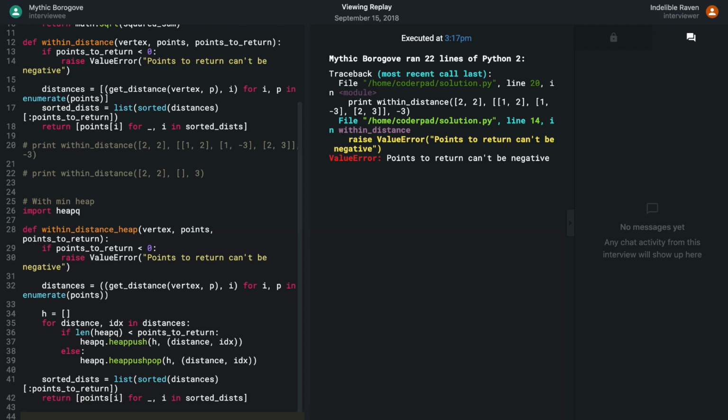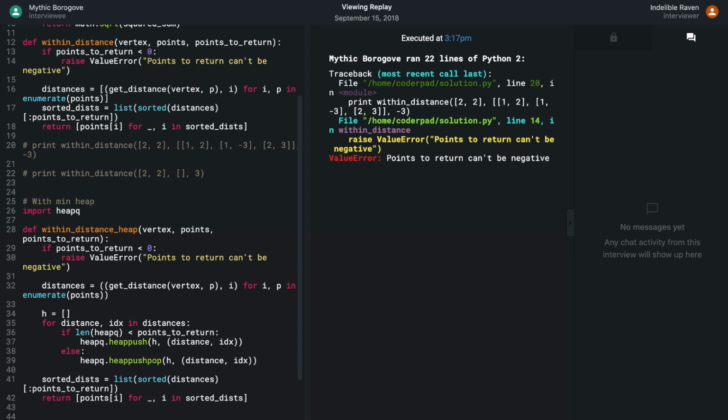Yeah, I mean that would be one approach. Can you write out a map and reduce function just to see what it would look like? Sure. So the map function, given the vertex and some points, would compute the distances as before.